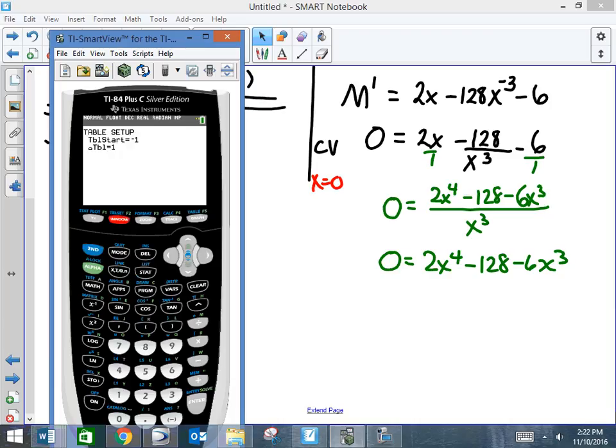Let me set up my standard window here. I don't want to graph it yet. Okay. The heck? Why is it not graphing? It's just spinning.